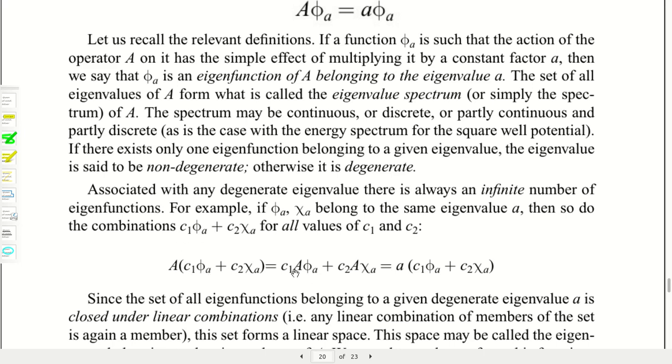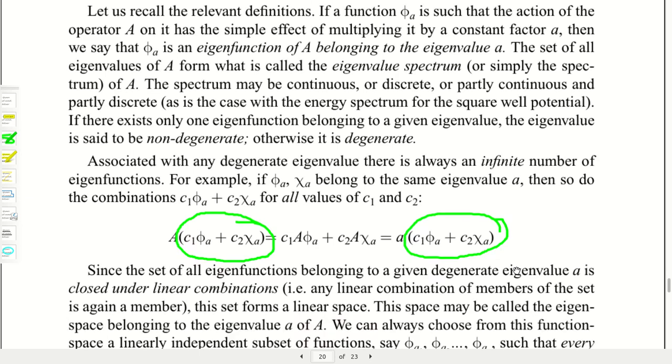It will give you, by the distributive law, as A is a linear operator, A phi A gives small a phi A, and A operating on chi A gives small a chi A. So small a is taken out of the bracket, leaving C1 phi A plus C2 chi A. So this eigenfunction is reproduced again. When A operates on this function, it will give you the same eigenvalue a, reproducing the same eigenfunction.